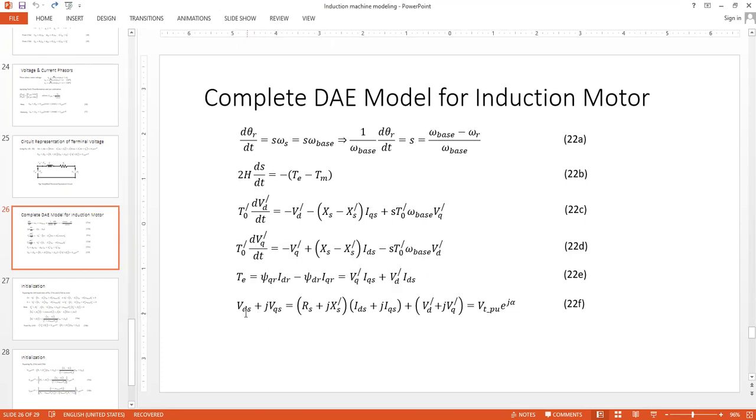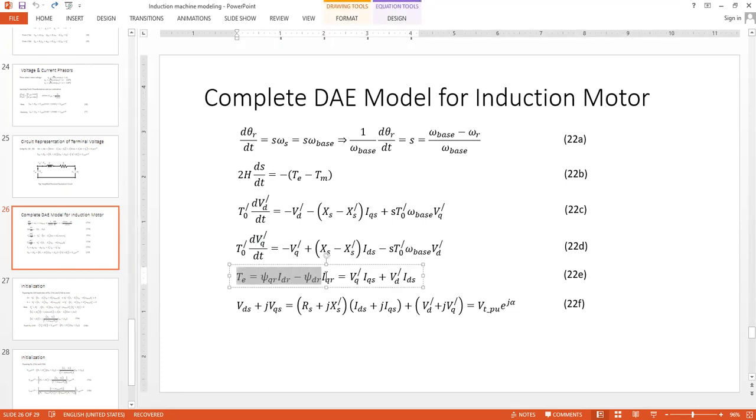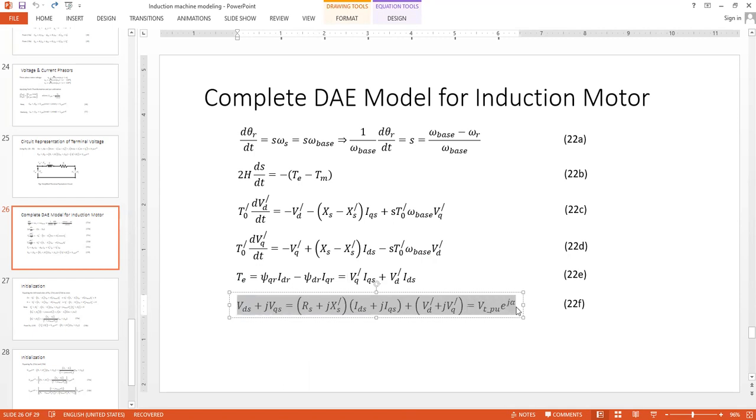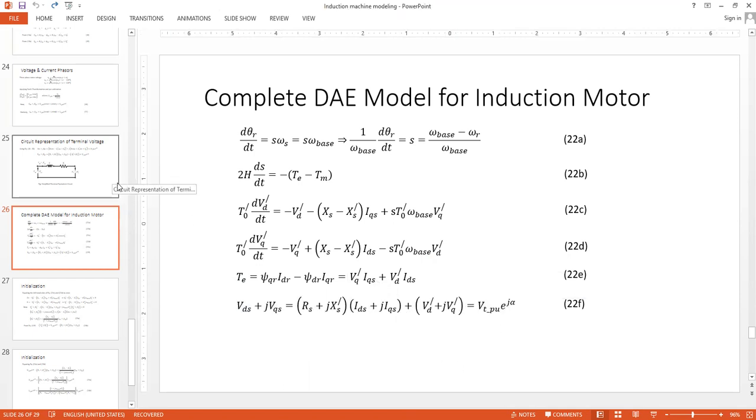And then the last one is the another algebraic. So this is actually one algebraic equation, equation 22E, and another algebraic equation is equation 22F, which is the last one that we derived a few moments ago. So this is actually the complete dynamic algebraic equation that we may use for representing the three-phase induction machine type loads in our power system model for small disturbance stability analysis.